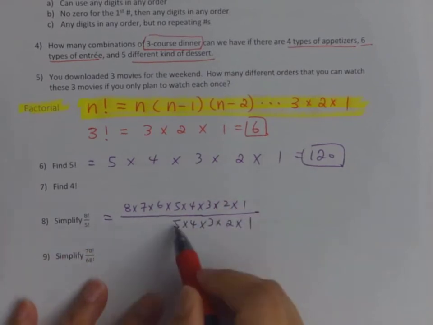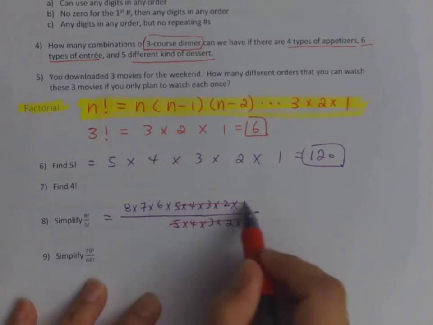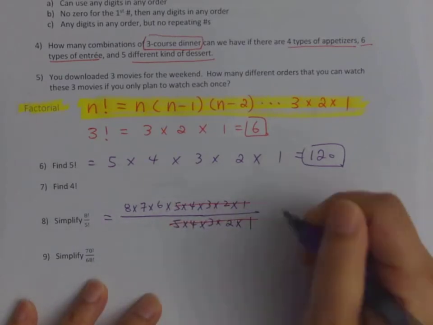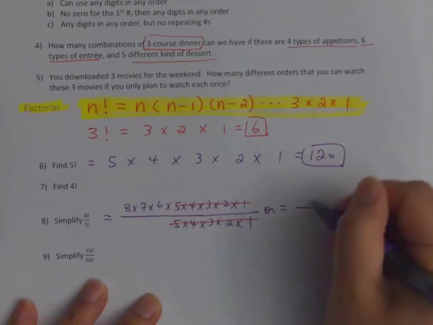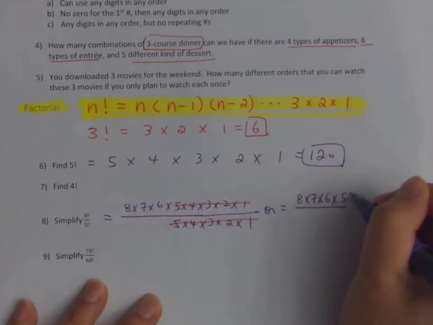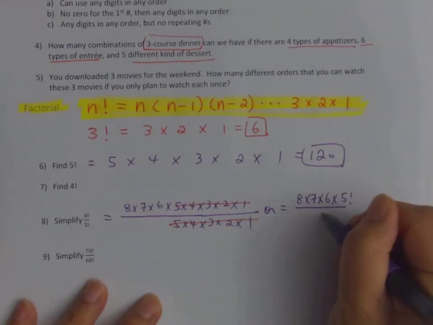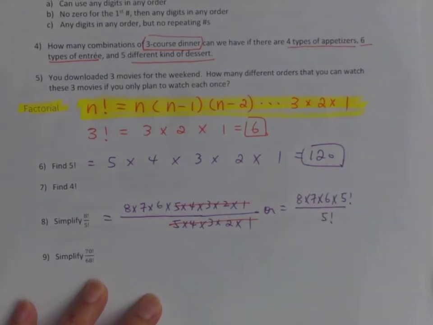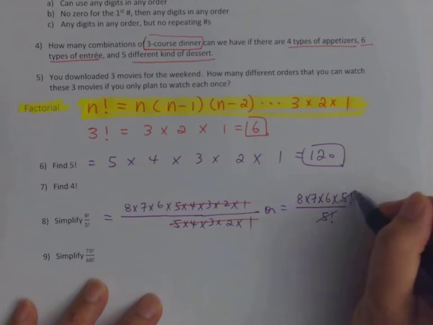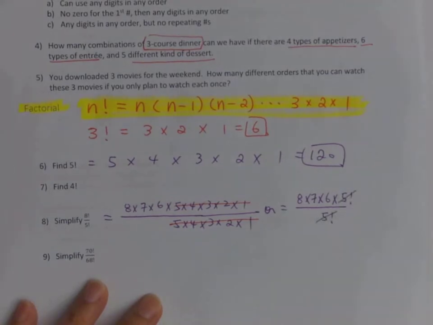So you will end up canceling this part, right? Sometimes people will do it like that: 8 times 7 times 6 times 5 factorial, and at the bottom I have a 5 factorial, so those two will cancel. So all I need to do is 8 times 7 times 6, right? So they mean the same thing.